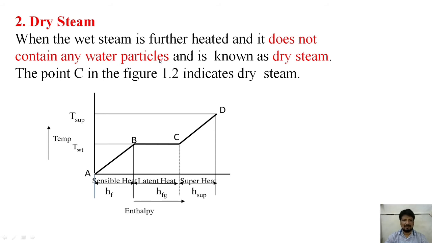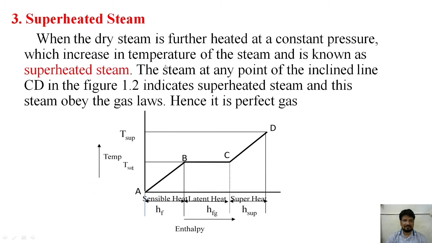The point C in the figure indicates the dry steam. So A to B is the wet steam and B to C is the dry steam.